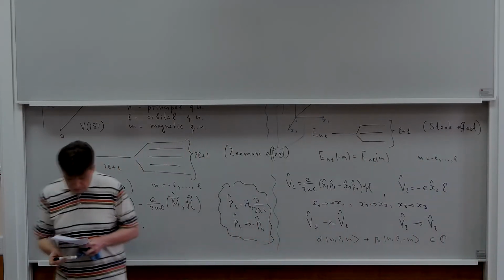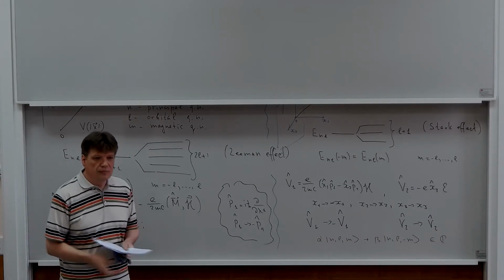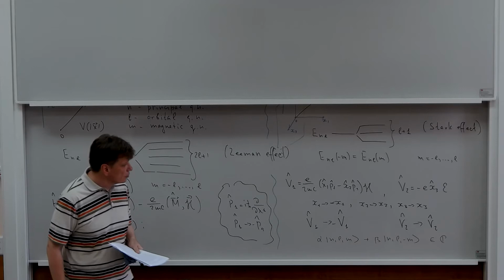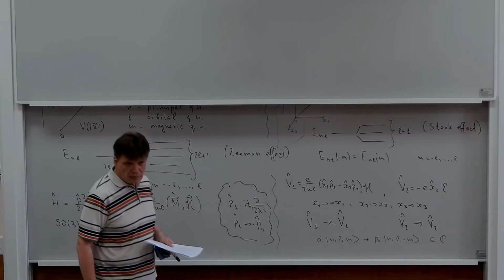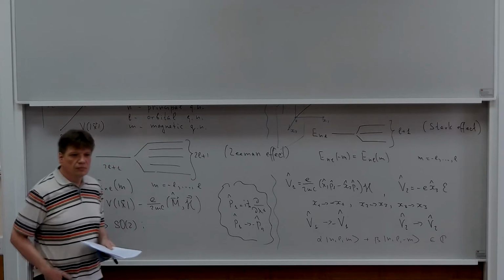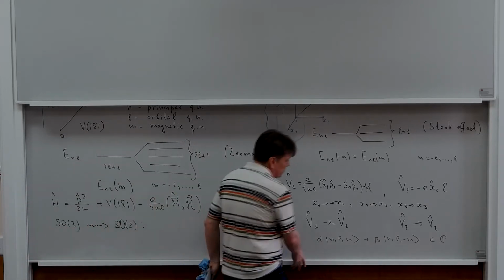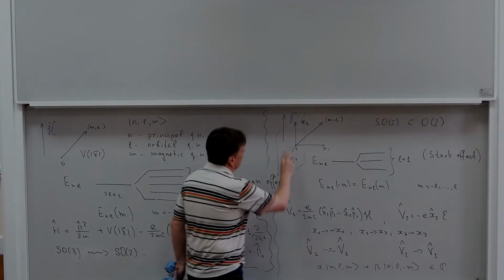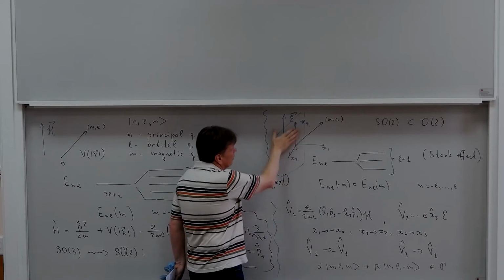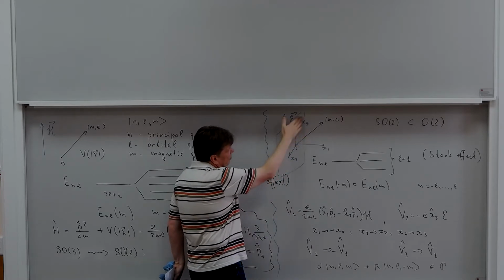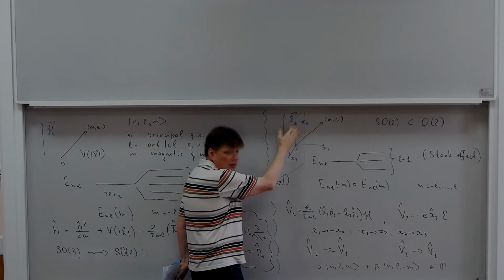Any questions? Yes, please. The origin of the Stark effect is from anti-symmetry of X1. Not anti-symmetry of X1. We speak here about some space reflections. So we can take any plane passing through the vertical axis, any plane.